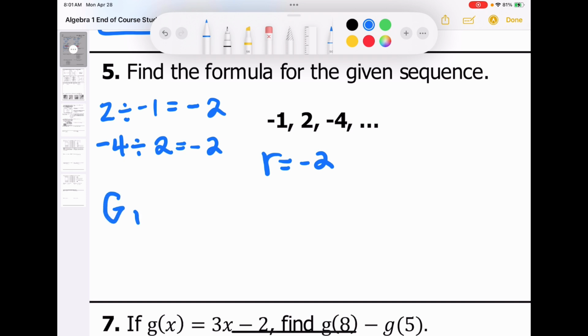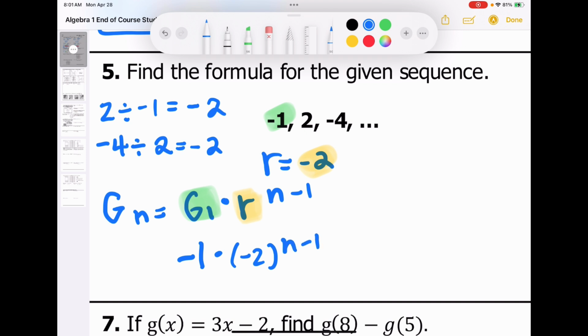So we're plugging it into this formula. I need an r value, which we just found was negative 2, and I need my G1, which is just negative 1. So negative 1 times negative 2 to the n minus 1 would be our formula.